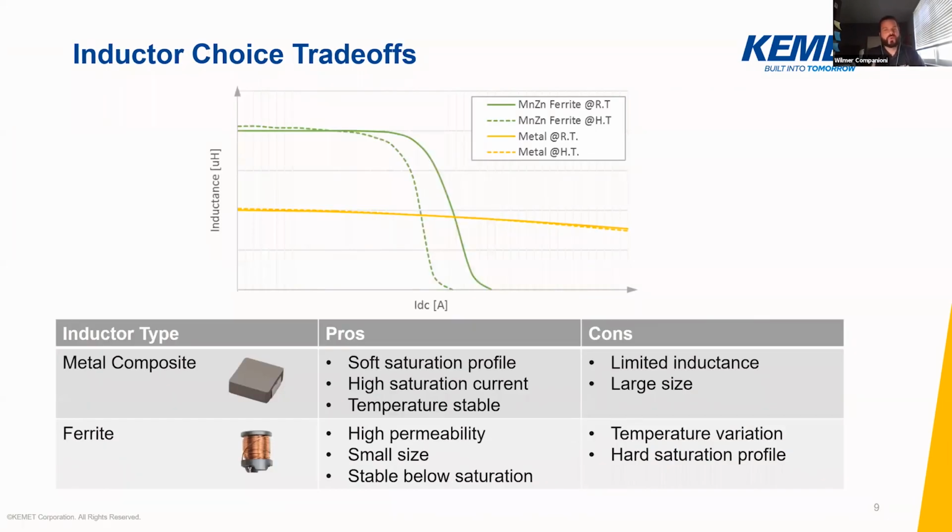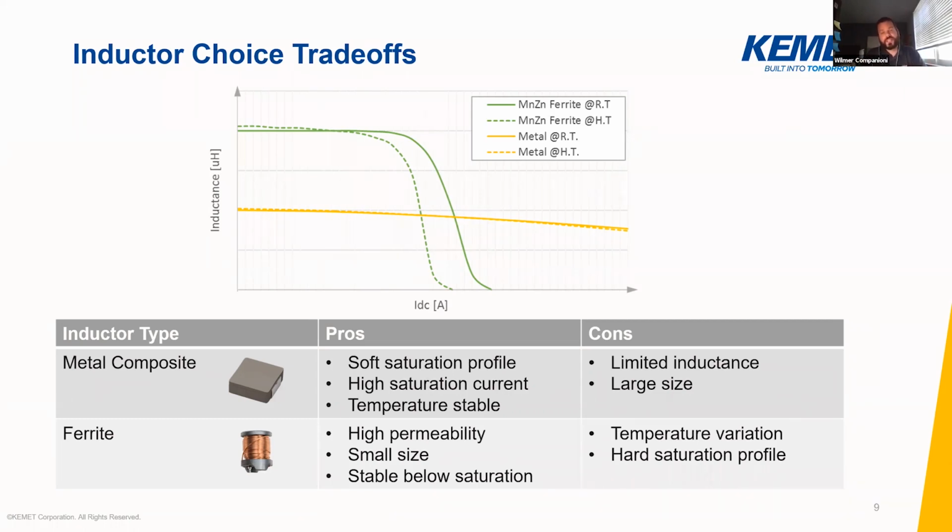So there is no one size fits all inductor. That doesn't exist. There isn't a perfect inductor that will work optimally under all conditions. Each of them has its pros and cons. For example, a metal composite inductor has a soft saturation profile, a fairly high saturation current, and is very temperature stable.